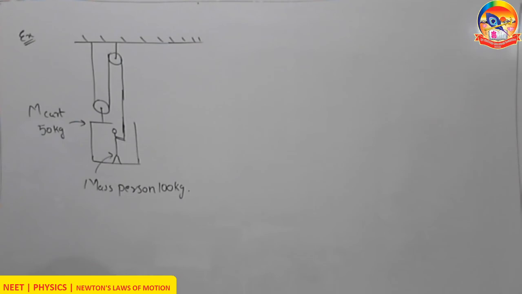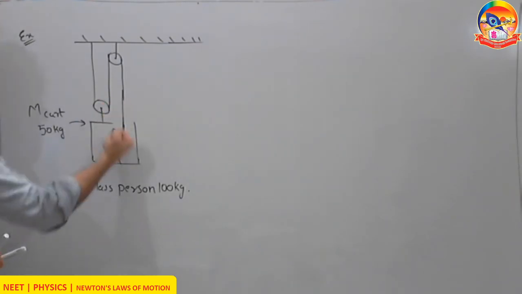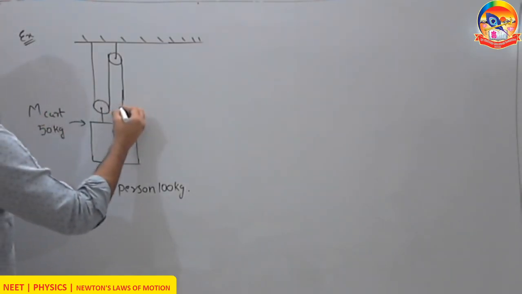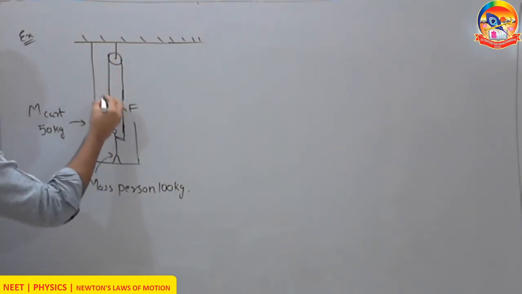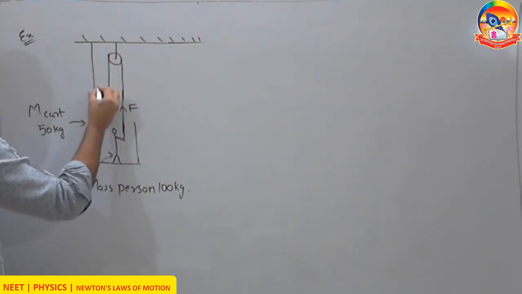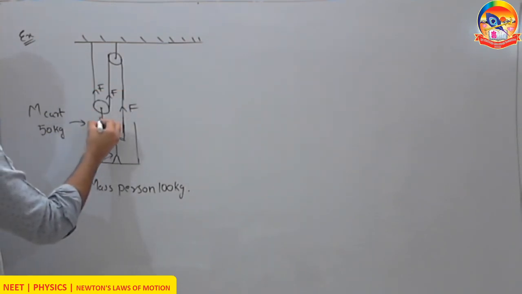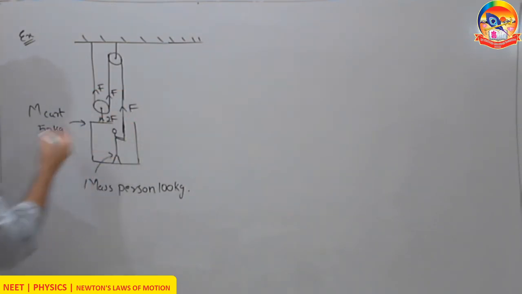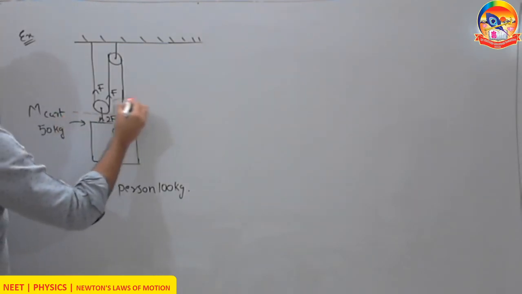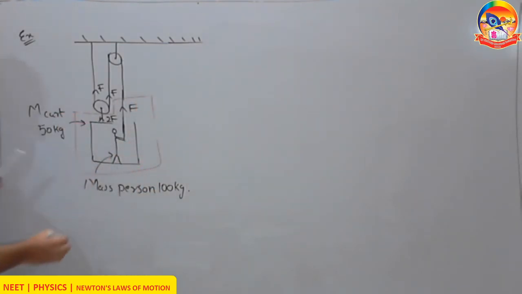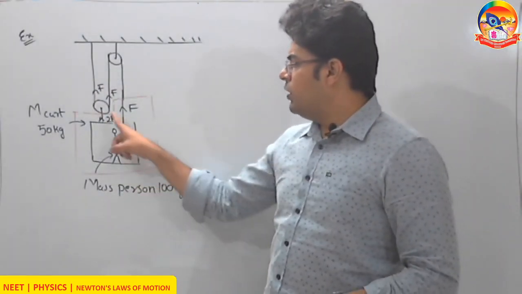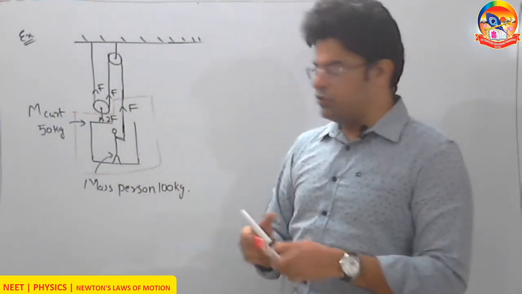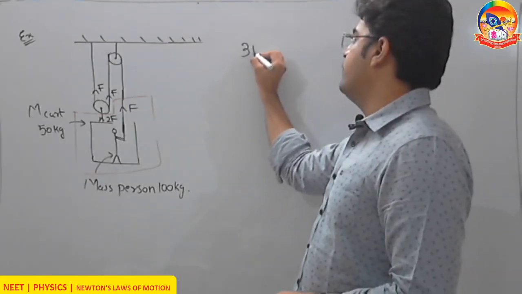So now here, let's say the person applies a force F on the string. So the string will apply the same force F. On the entire string, the tension will remain the same. So here also tension F, here also tension F. So here the tension in this string has to be double, 2F. Now if I take this whole system, the person plus cart, there is an upward force because of the string, and this upward force is 3F.